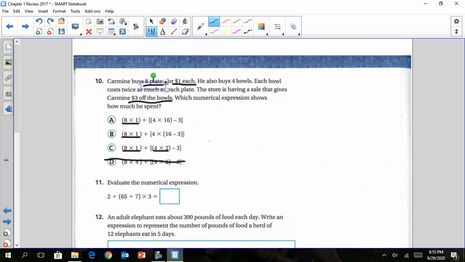So that was where the -3 comes in inside of this bracket, because that's the side with the bowls. So the correct expression here would be letter C, 8 times 1 plus the amount for the bowls, which is 4 times 2, and then minus $3 off for the bowls.